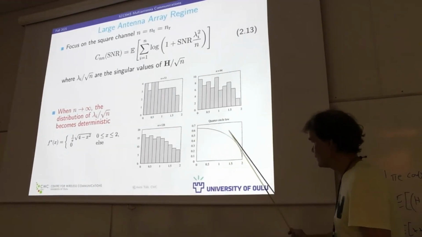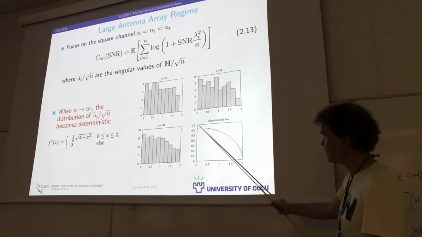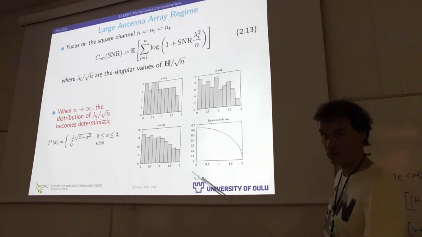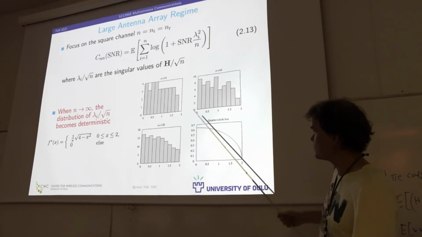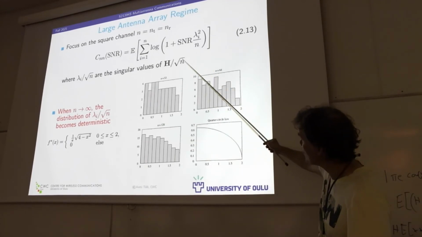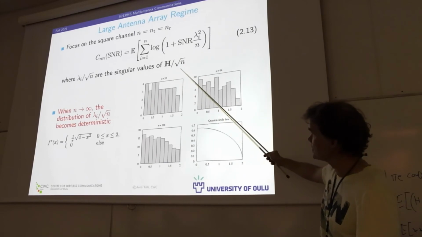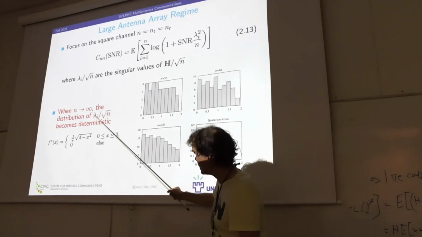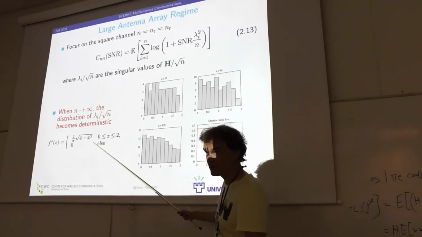Now, when n goes to infinity, the distribution can be approximated by the so-called quarter circle law. The distribution of these normalized singular values becomes deterministic.